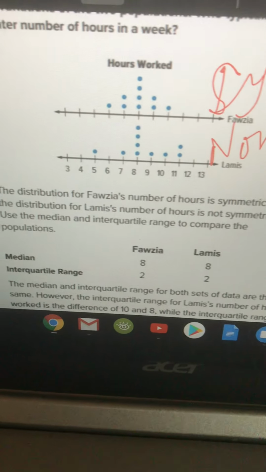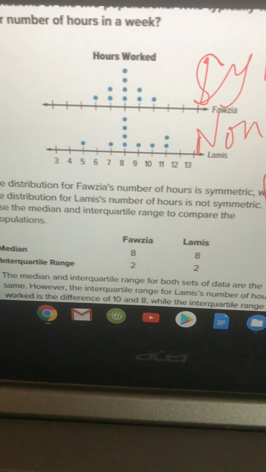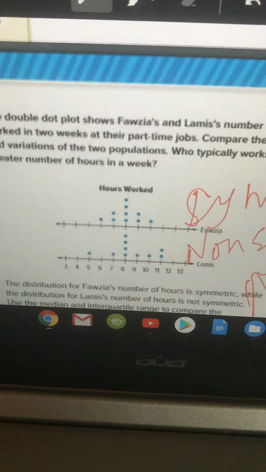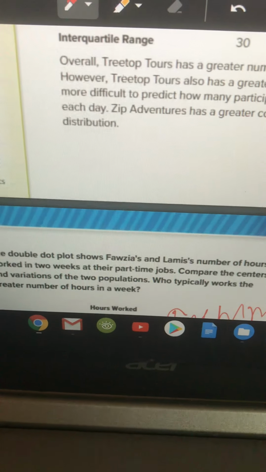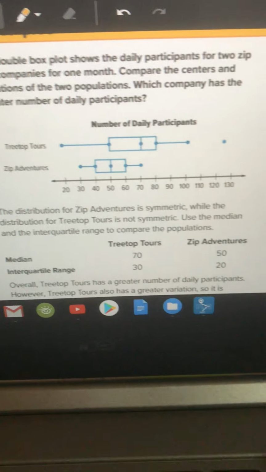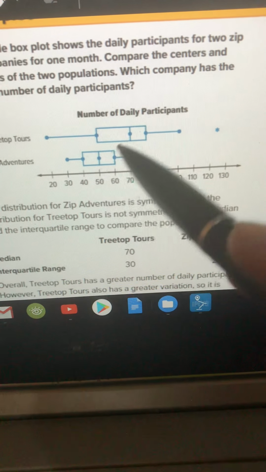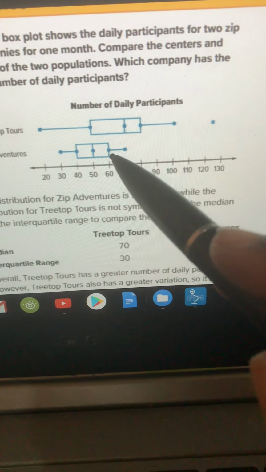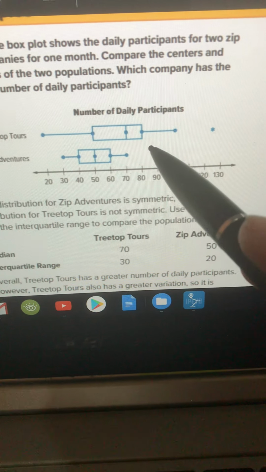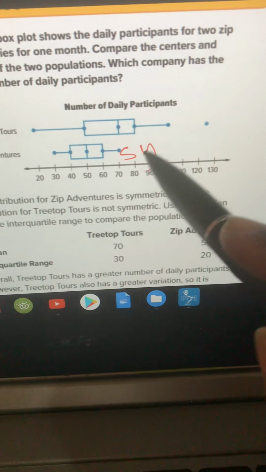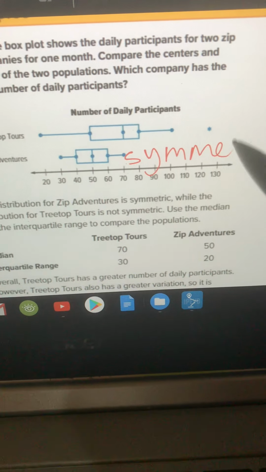They did it for you. You need to do it and check if their work is correct. The same thing here. These ones are both non-symmetrical. No. Not both. This one is symmetrical. See, you have to be very careful. This one is symmetrical.